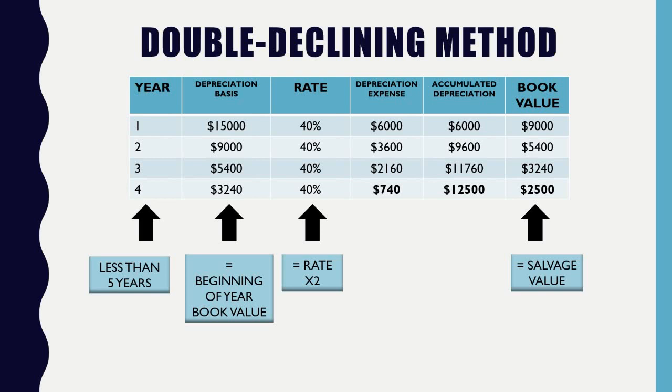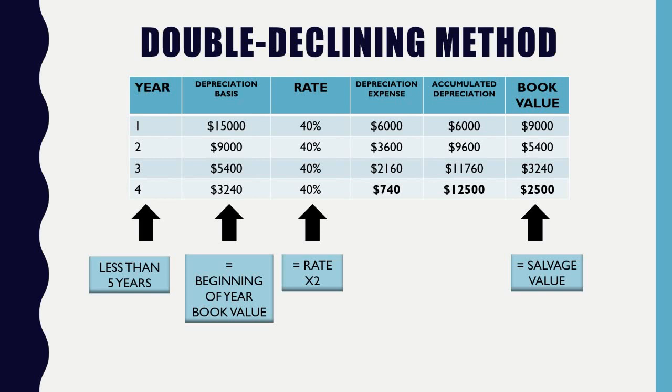Okay. Second thing is the depreciation basis is always going to be changing. It's always going to reflect the beginning of the year's book value, which is going to be taken from the last column, because the last column is our book value column. Same thing here, the rate stays the same, but notice this, it is times by 2.